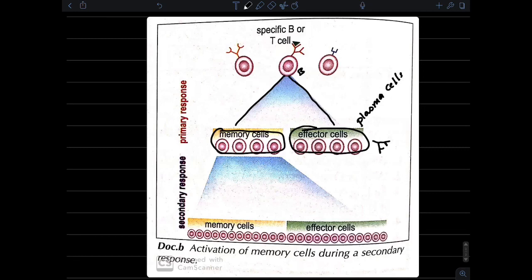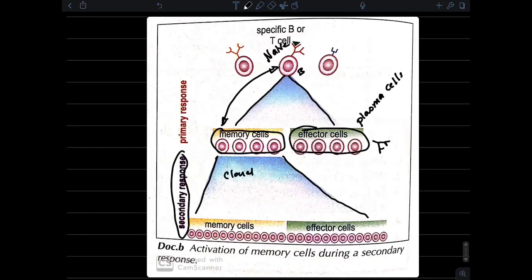And in the secondary immune response, you have to know that the memory cells are the cells that make clonal expansion, since their number is greater than the naive B lymphocytes. These memory cells also make clonal expansion into memory and plasma cells again that also secrete free antibodies.